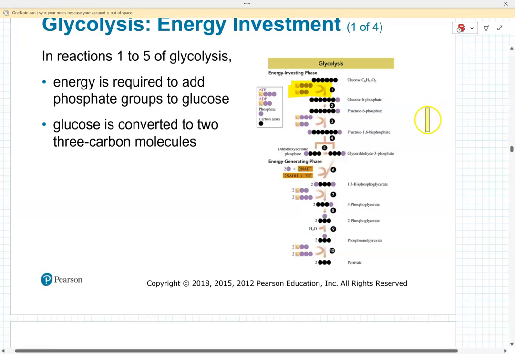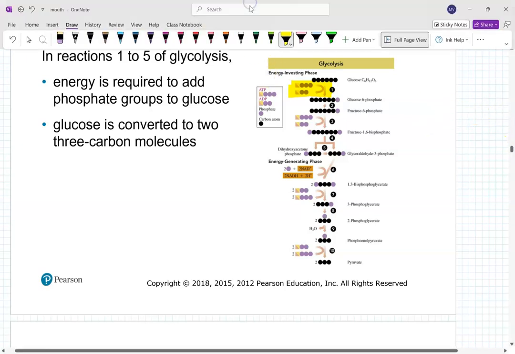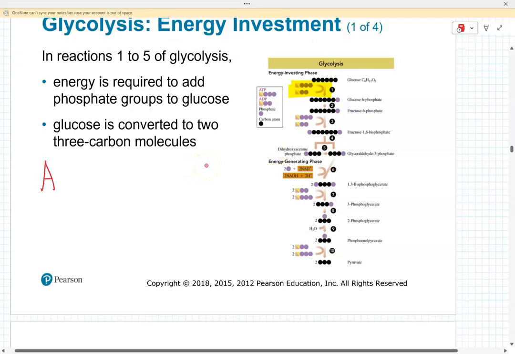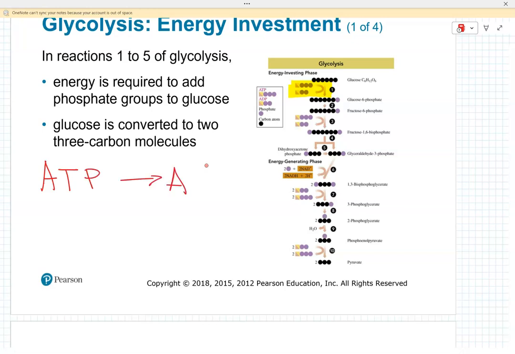When you convert ATP to ADP, when you break off one phosphate, is energy released or is it used? When you break down a high energy bond, released. This is why it's the energy investment phase.